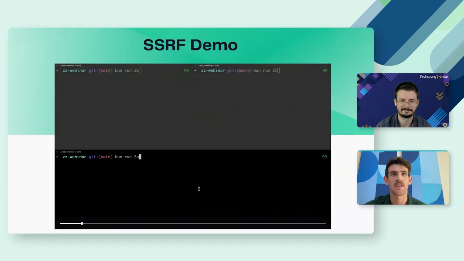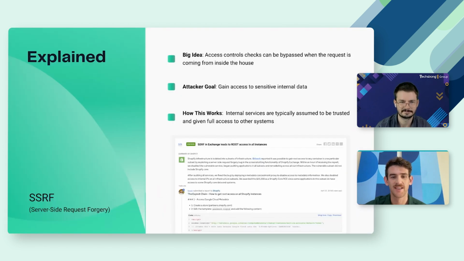I think that's one of those issues you would never expect. This again was a HackerOne report where Shopify infrastructure got compromised all the way to the top. This user was able to actually take control of the Kubernetes cluster, or create new resources in Kubernetes, and could destroy all of Shopify's infrastructure until they backed it up again.